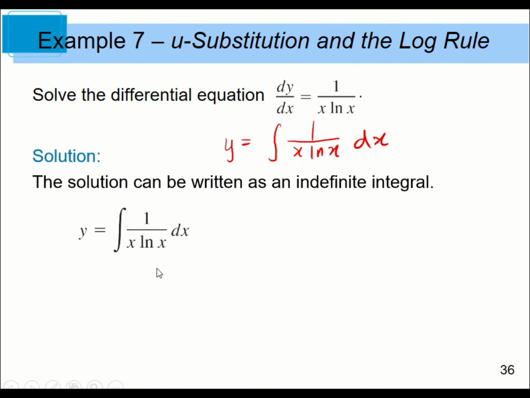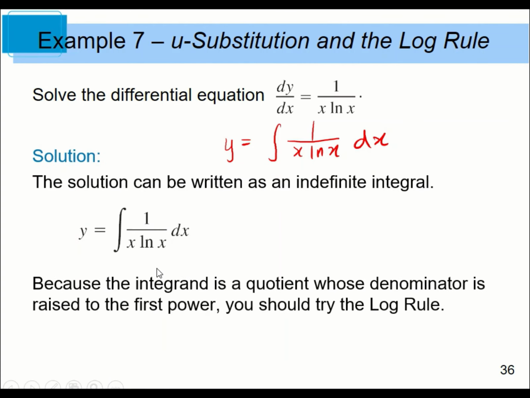Now as we can see here, we can bring the x up here and make it 1 over x. By doing this, we can see that if we differentiate ln x, we get 1 over x.